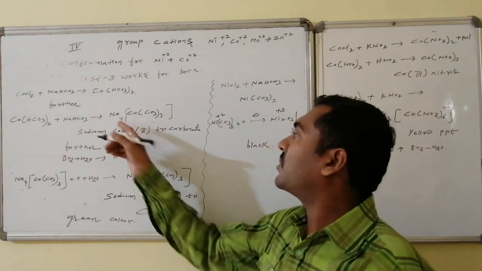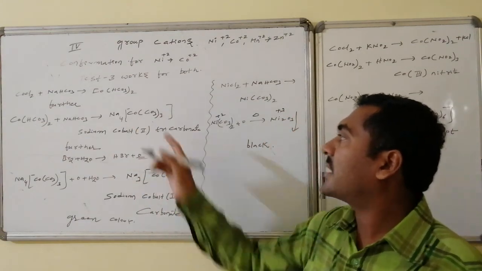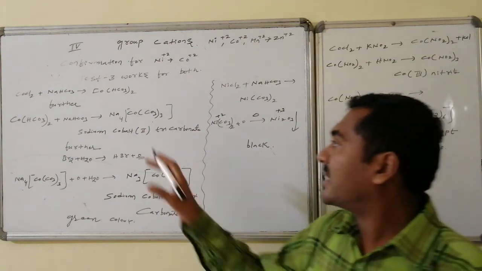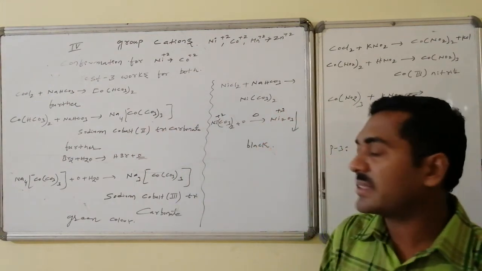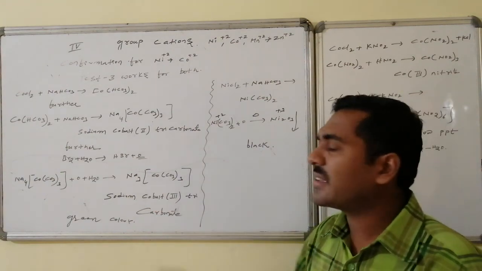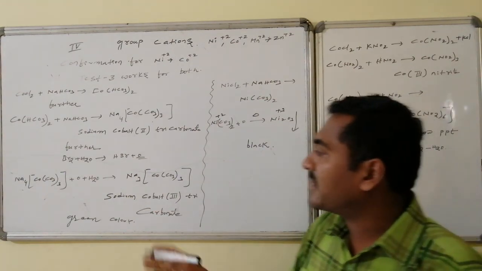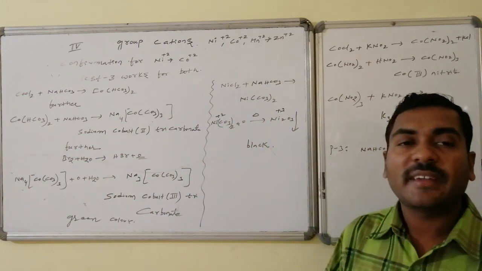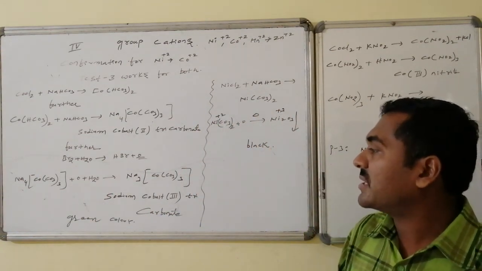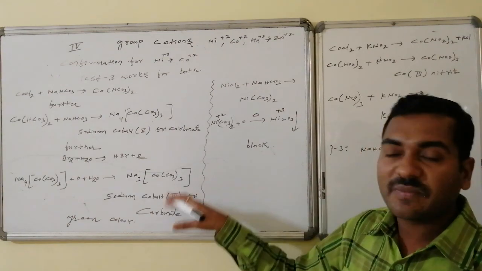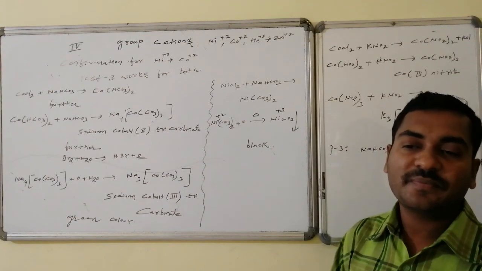It is not bicarbonate, carbonate formation takes place. This complex is soluble, and on further reaction with bromine water it undergoes oxidation from cobalt 2 to cobalt 3, forming Na3[Co(CO3)3], sodium cobalt 3 tricarbonate, which gives a green color to the solution.